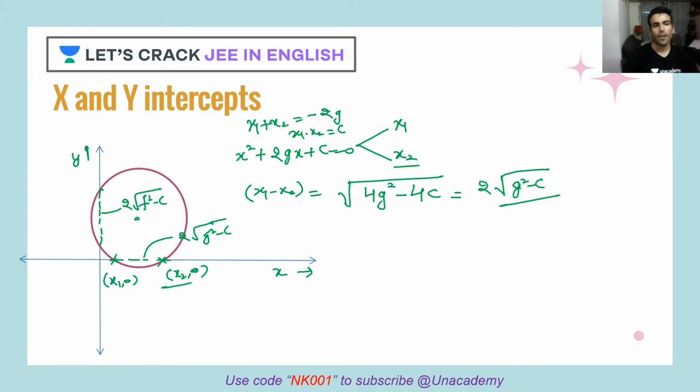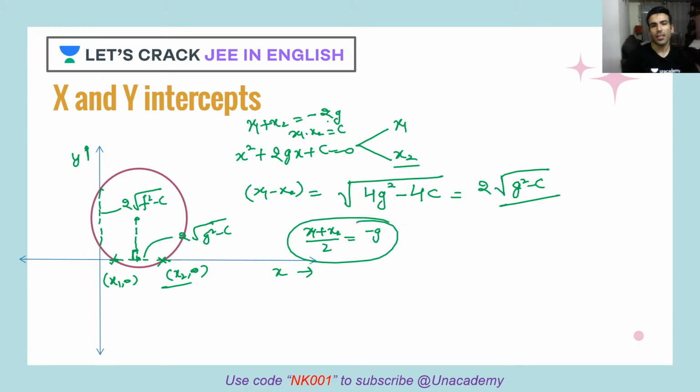See, this center is what? Whenever you draw a perpendicular, it meets exactly at the midpoint, correct? So whatever coordinates you find, x1 and x2 here, okay? So let's say this, and you're seeing minus 2g. The half of it will be what? The x coordinate of your circle's center. x1 plus x2 by 2 will be what?